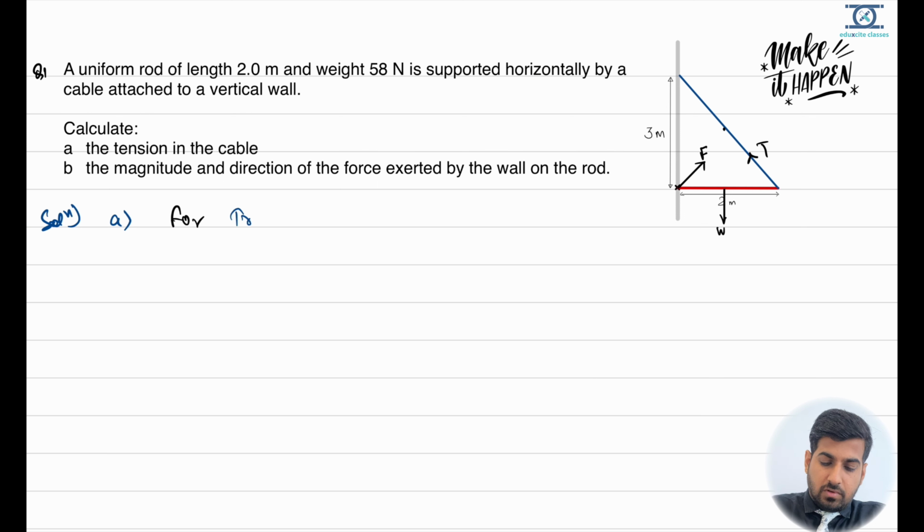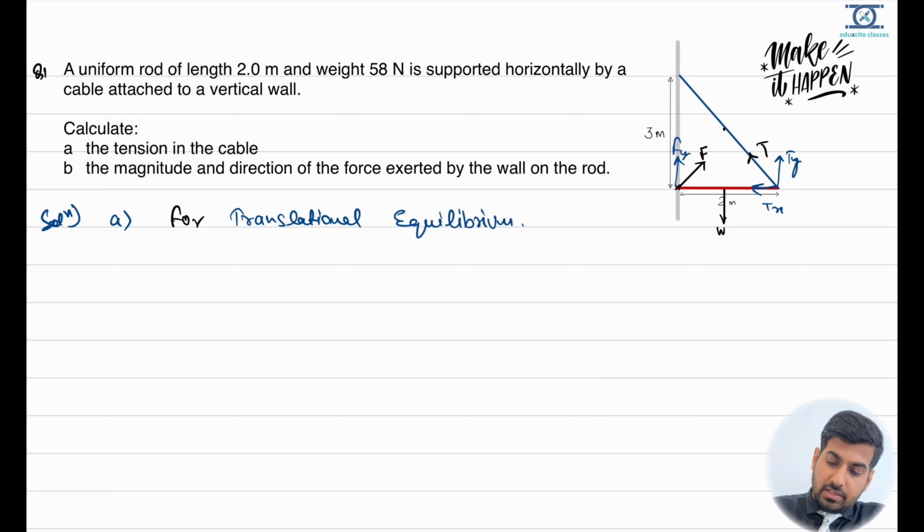Okay, so let us make an equation for translational equilibrium. What I can say is that this will be T y and this will be T x. Similarly, this will be F y and this will be F x. So I can write down one simple equation like the horizontal balance.